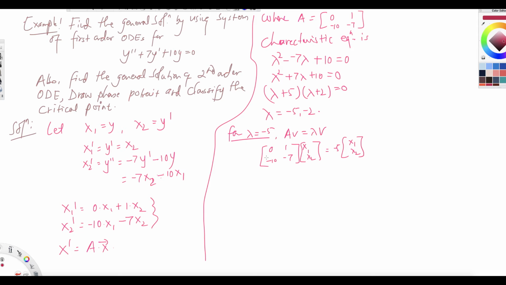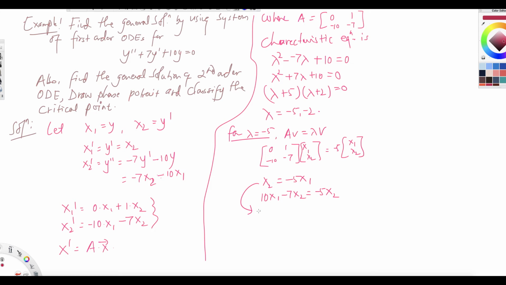Okay, so what you get here is x2, so 0 times x1 plus 1 times x2 is x2, equals negative 5x1, and then this will be negative 10x1 minus 7x2 equals negative 5x2. That's what you get. Whatever equation you take, you should get the same equation at the end, right?